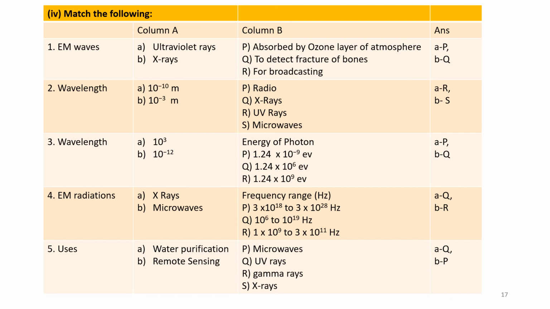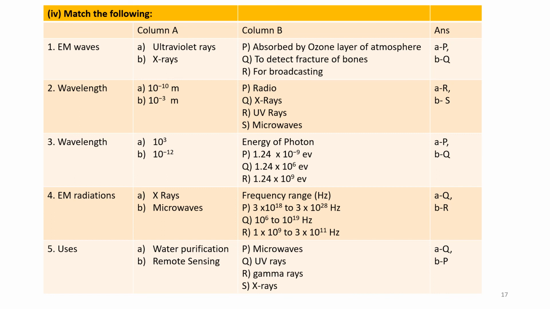Question number 2. Wavelength. Two wavelengths are given. Option A, 10 to the power of minus 10 meters. Option B, 10 to the power of minus 3. And in the column there are four types of waves. P is radio wave, Q is X-rays, R is ultraviolet rays, and S is microwaves.